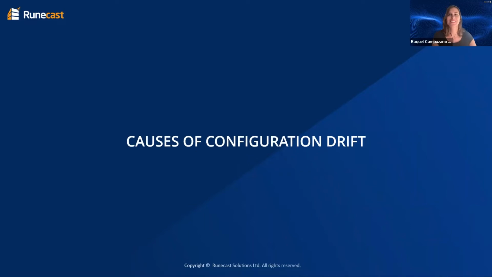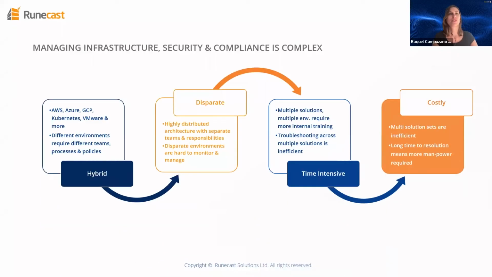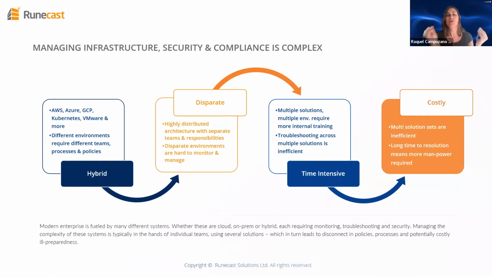Okay, next slide, Steve, please. First, let's begin with a general overview of how organizations are currently managing their infrastructure. As you can see in this slide, organizations' environments are getting more and more complex, and more solutions are added each year to cover yet another new technology that has been introduced.